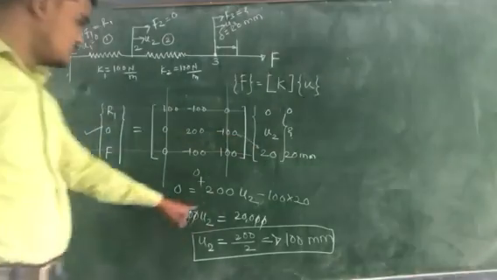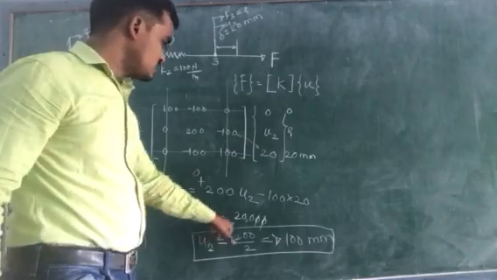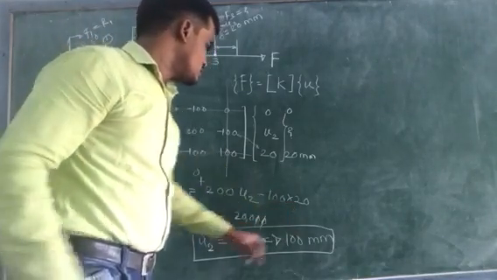So in this way, 200 times U2 is equal to 100 into 20.